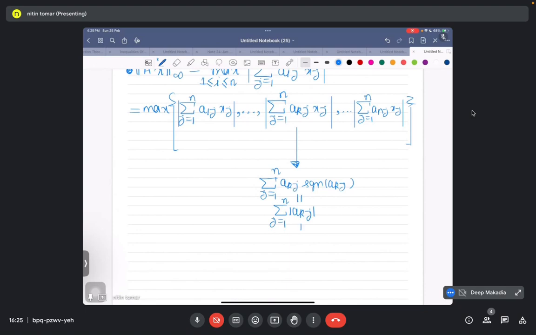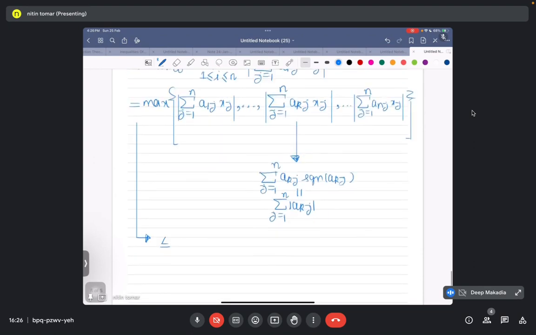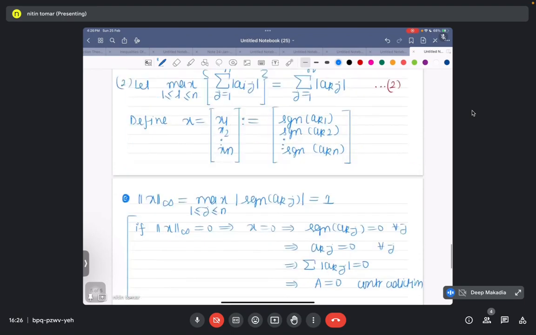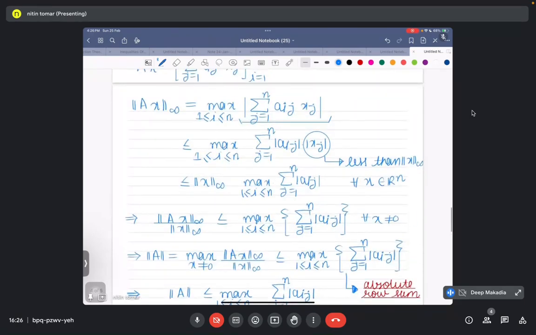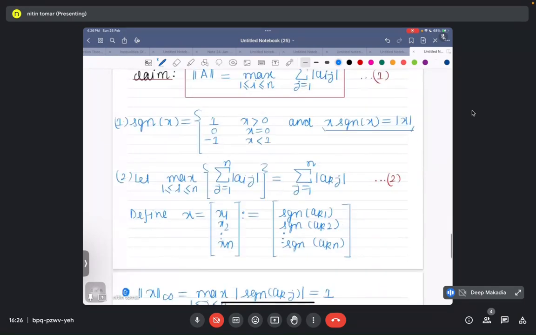And what is this? This is the maximum row sum, right? Yes, but we have also proved that each of this will be less than this number, right? Norm ax infinity, what we have proved?